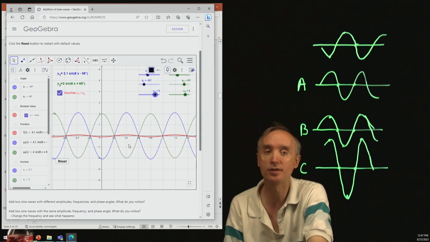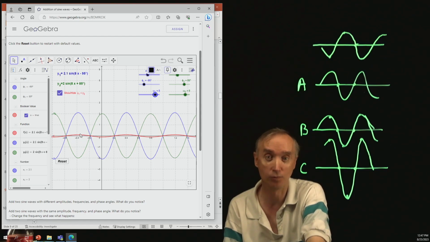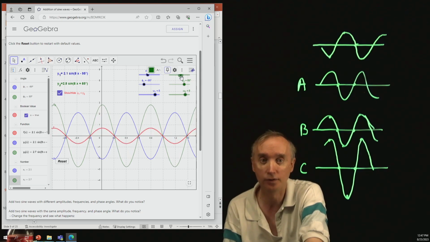Now notice sometimes you could have partial destructive interference, which is actually what we've got right here, and that's mainly because I didn't get the frequencies quite right. But notice what would happen if I increase the amplitude of that one. Okay, so that my green one here has a larger amplitude than the blue one.